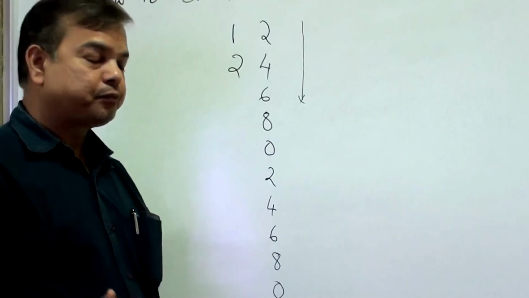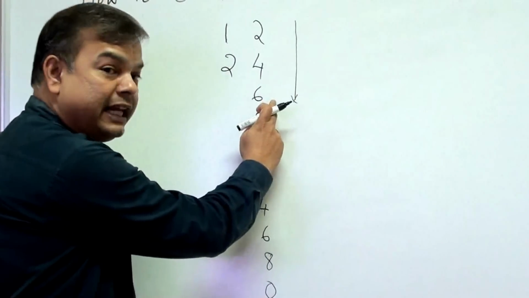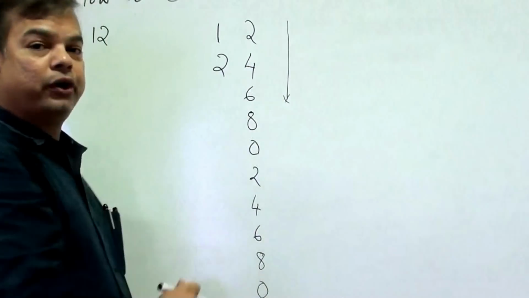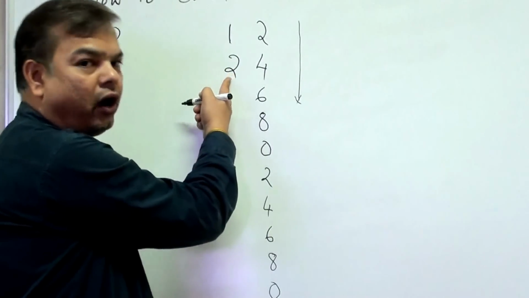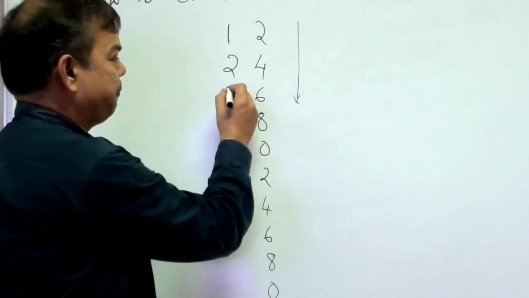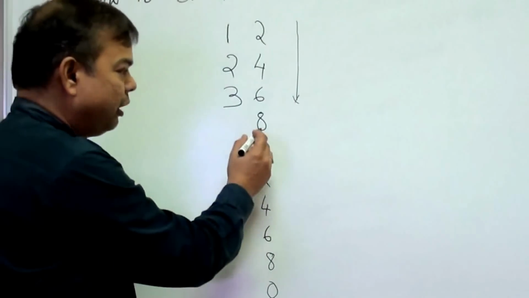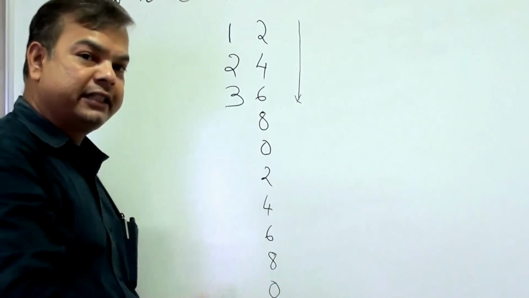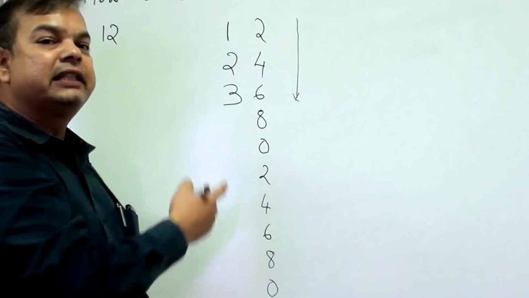Now we will see what 12 threes are. Here again we will see that 6 is more than 4. So we will add again the same 1 to the 2 now. So this will become 3. So 12 threes are 36. Now for the fourth number we see that 8 is more than 6. So again we will add the same 1 to the previous, that is 3.